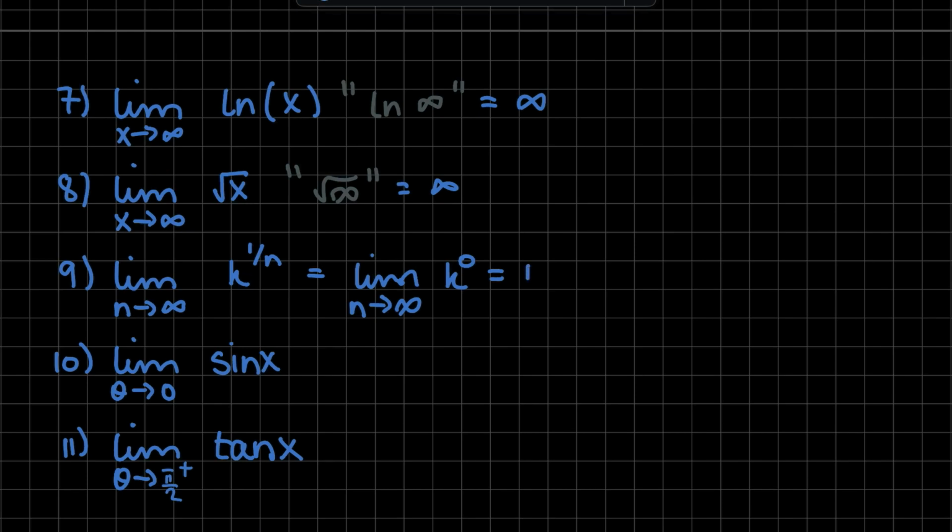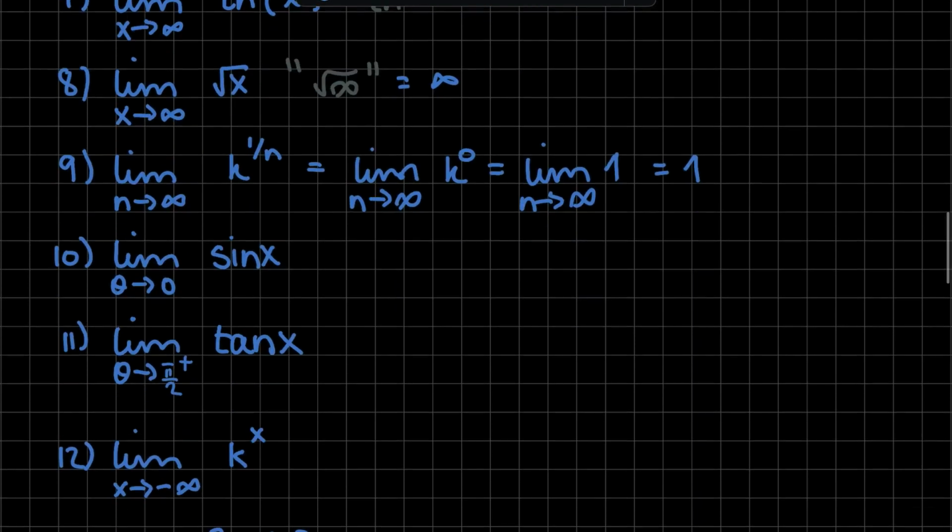So in the end we have the limit as n tends to infinity of 1. And again we have the limit of a constant, and we know that this is just our constant, so 1 in our case, and that's our final answer. Now, of course, 0 to the power of 0 is undefined, so k would go in our case.